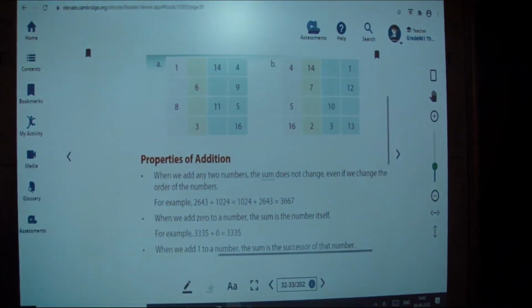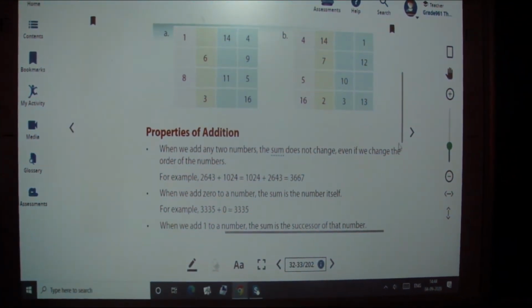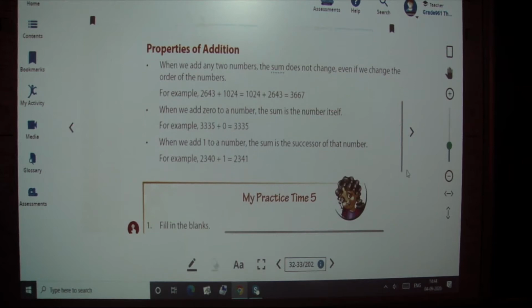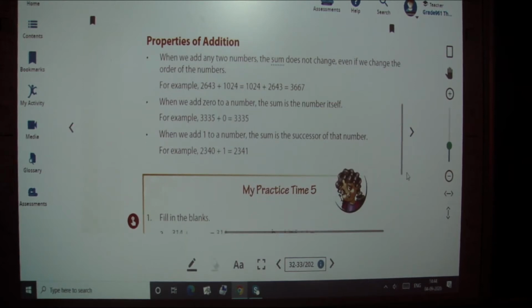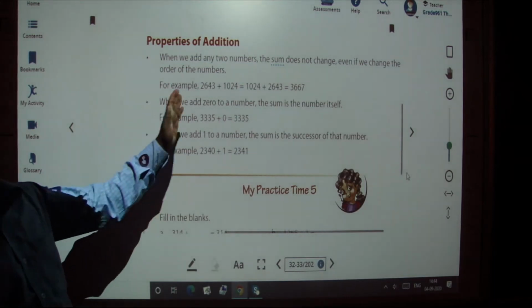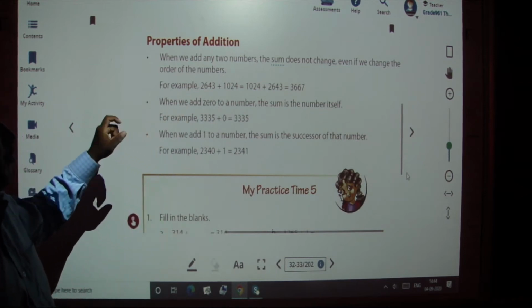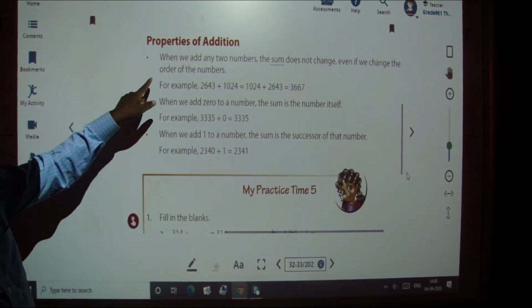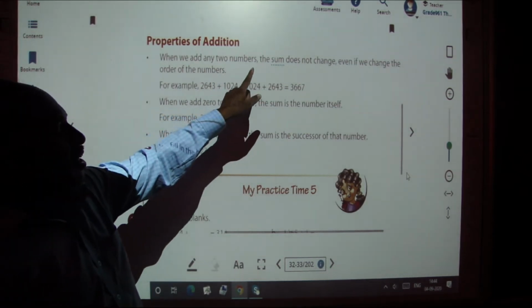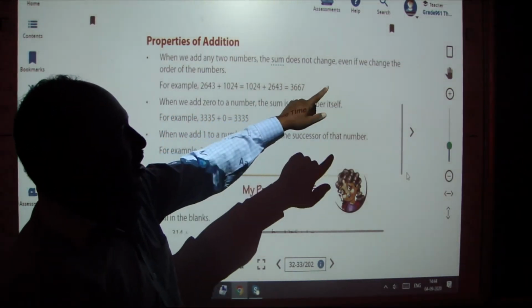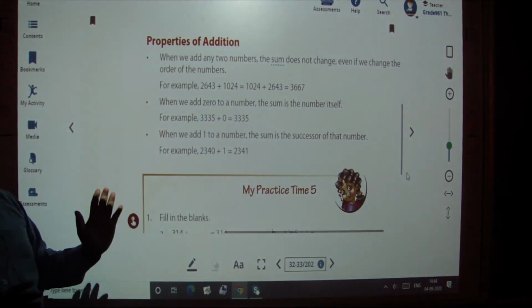Next, properties of addition. When we add any two numbers, the sum does not change even if we change the order of the numbers.